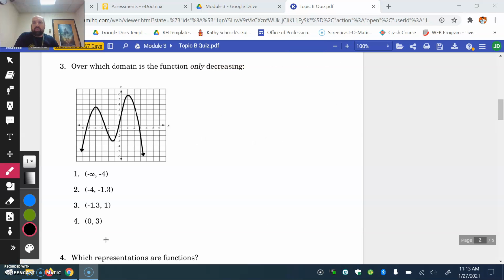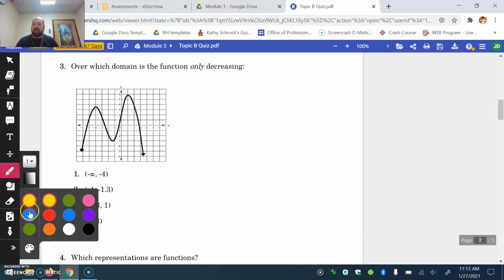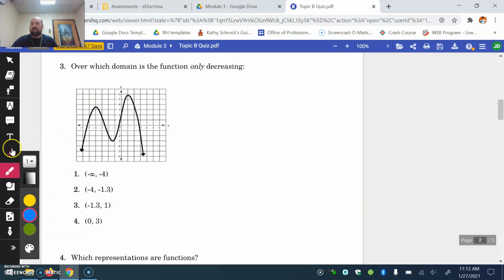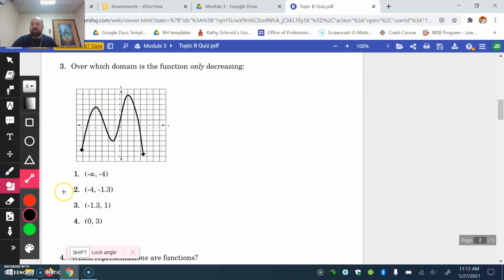All right, over which domain is the function only decreasing? I'm going to help you out here with what I think makes the most sense for splitting up this graph. So I see a section here. Ooh, that's not a very good line. Let me undo that.